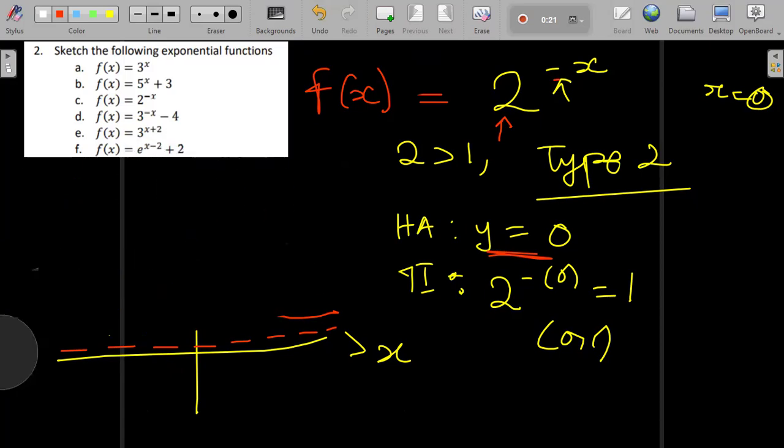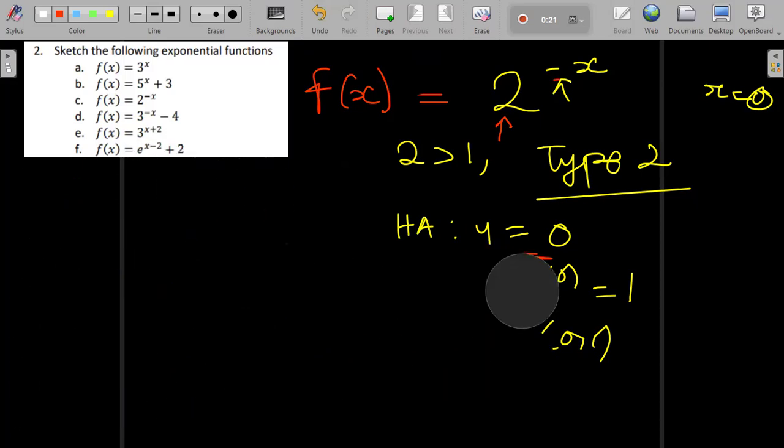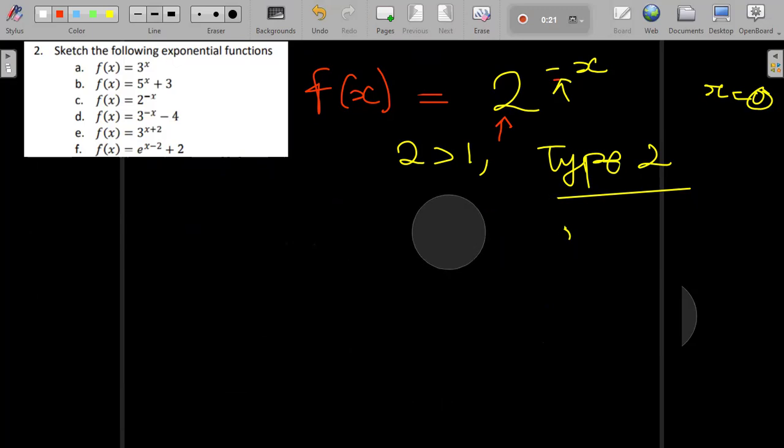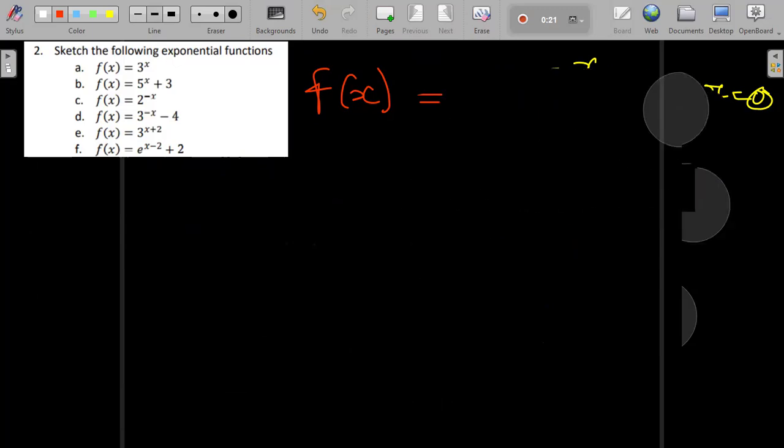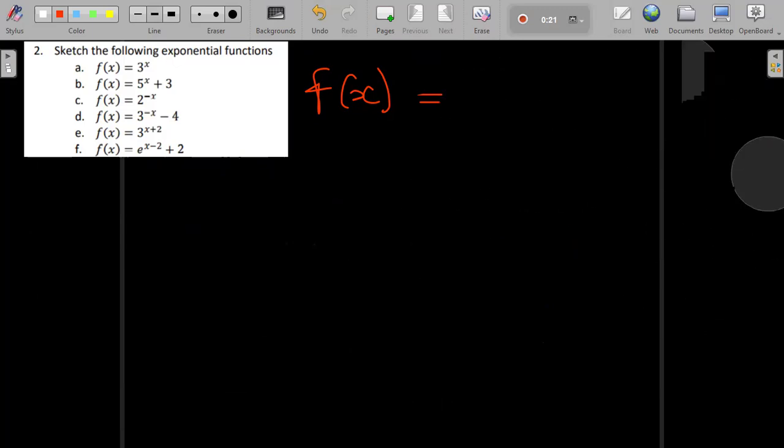All right, let's look at D. So D, we have 3 to the power minus x and then minus 4.